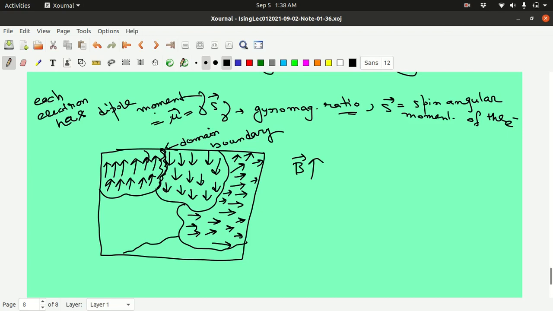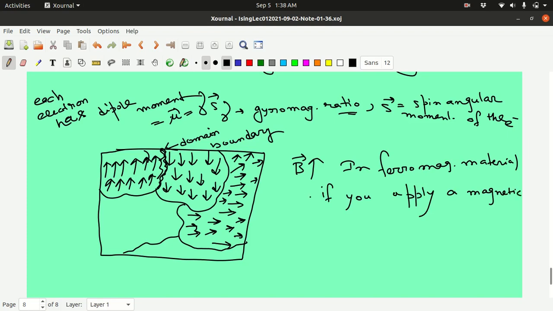So in ferromagnetic material, this process is not reversible. Once you apply a magnetic field, the material has some non-zero magnetization even if you remove the field.